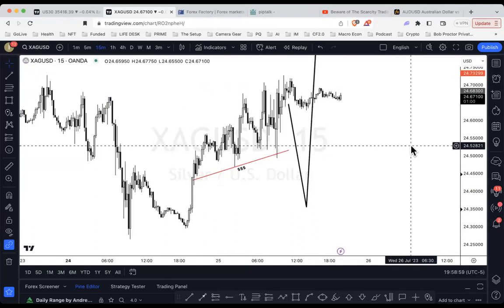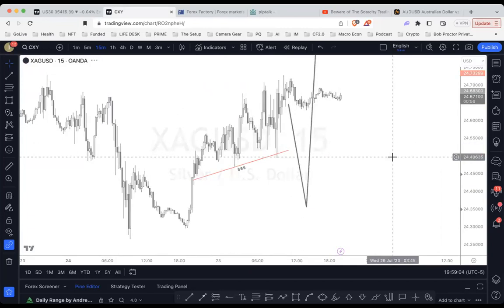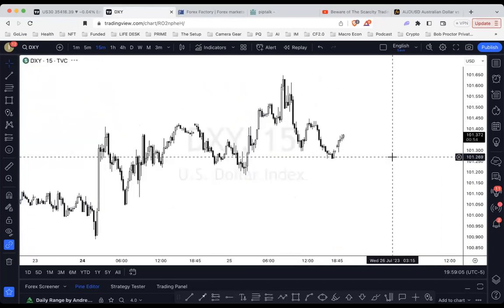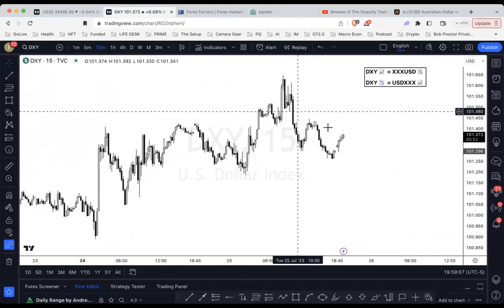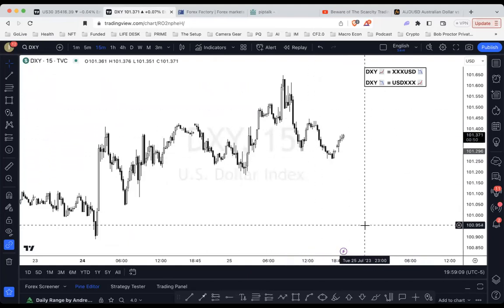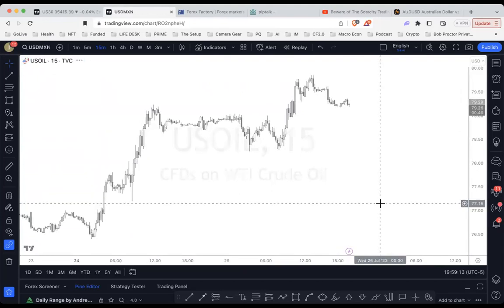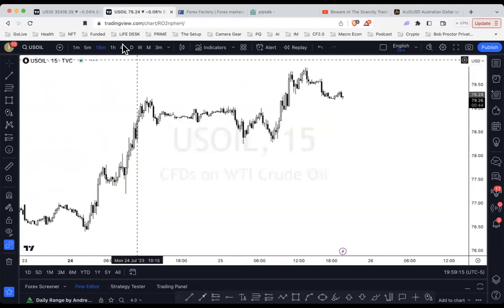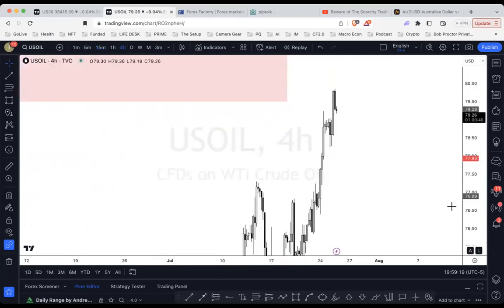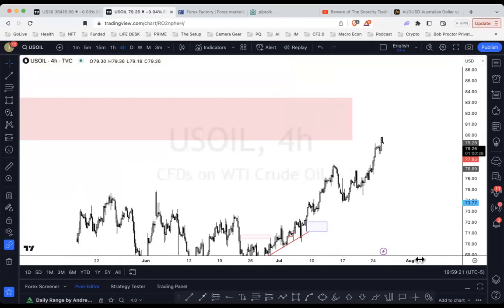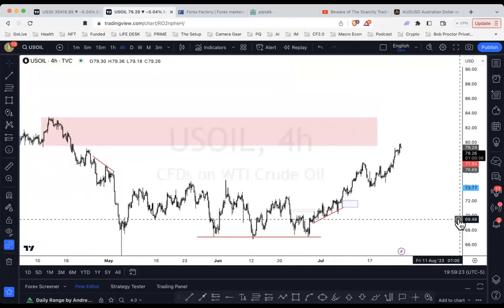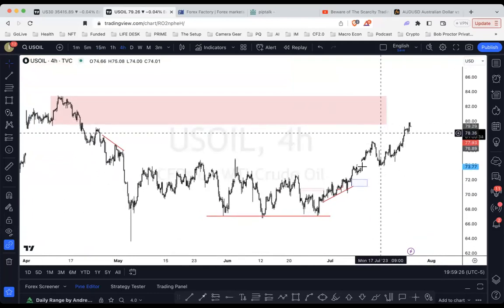And now, for those of you that waited till the very end, we will go over indices super quick. Let's see, DXY. Looks like it can pull up before it drops again. Oil finally got to one of our key levels that we've been waiting for. We've been talking about this for, I want to say, months. And we were looking to get oil back over to this area.